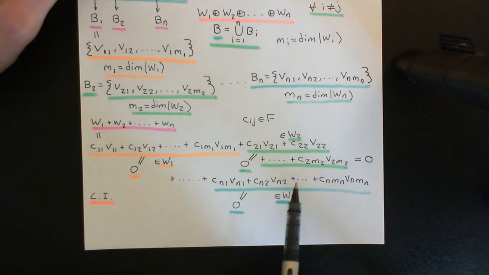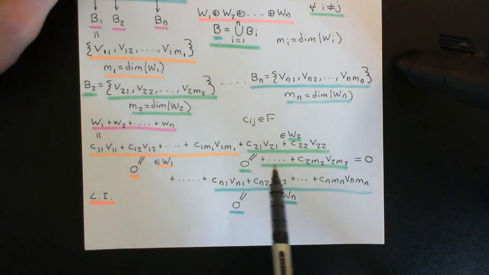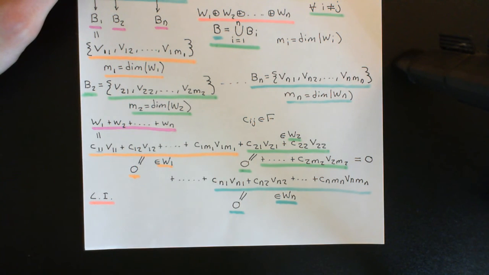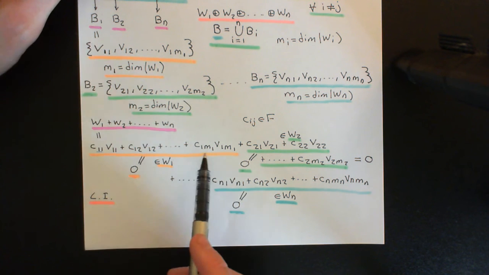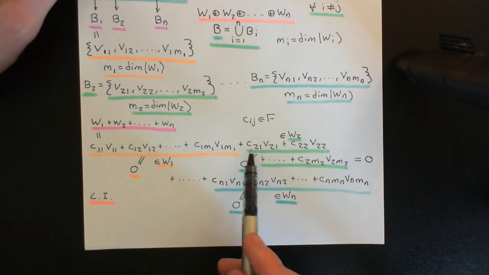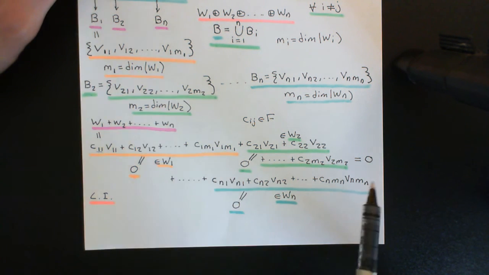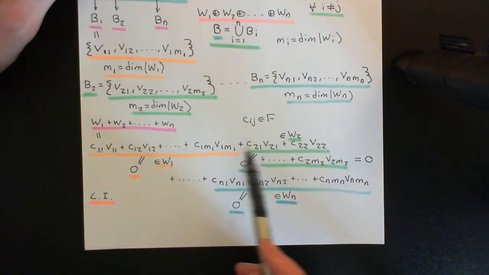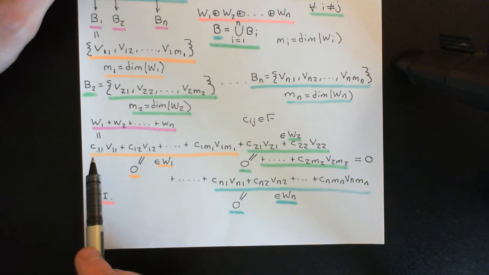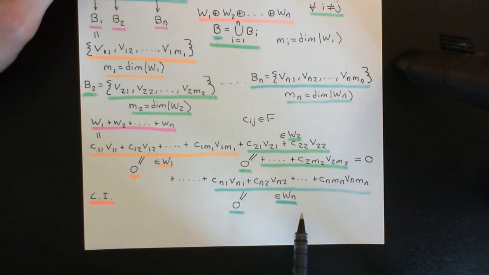That argument works in all of these because they're all bases of those subspaces. So that tells us that all of these coefficients would have to be zero, but that's a contradiction. That contradicts our initial assumption that we had a non-trivial linear combination.